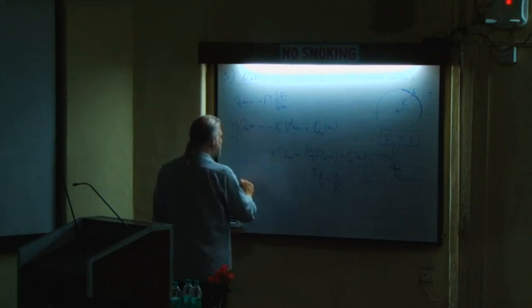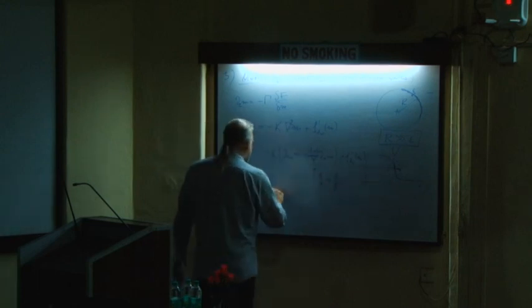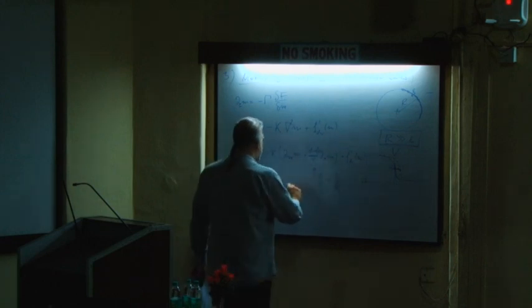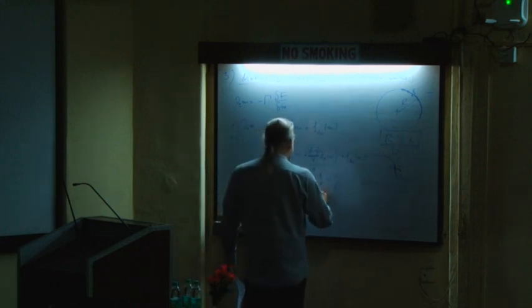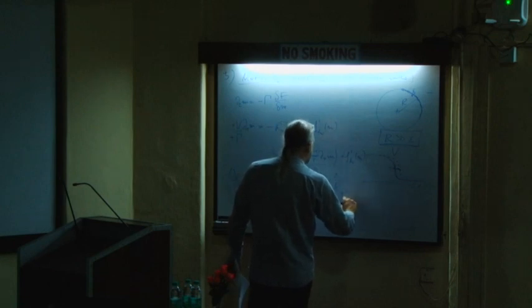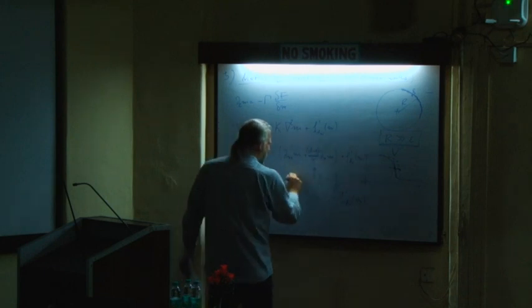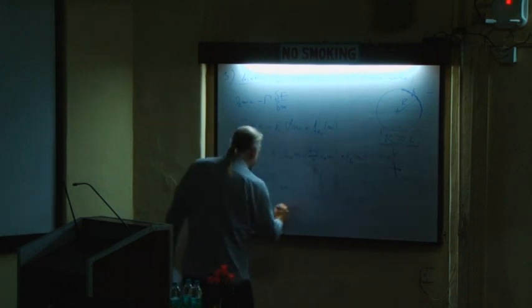So I have a plus, and here I have k times d minus 1 over r, and here I have a d_r m, and now here I have a minus k d_rr m plus f prime, the derivative of the double-well potential, of m. Okay, sorry, this all belongs together.